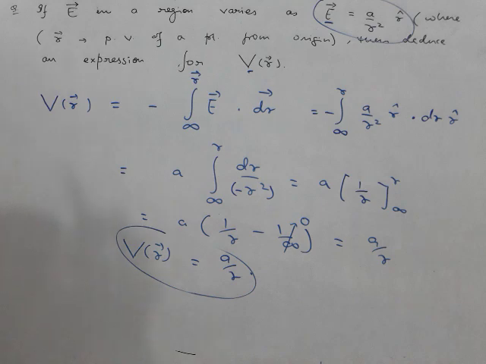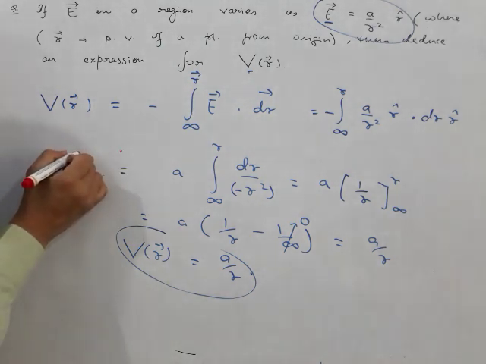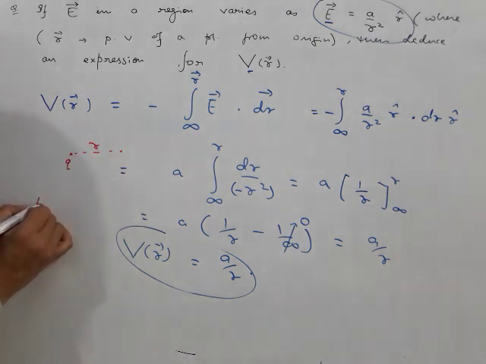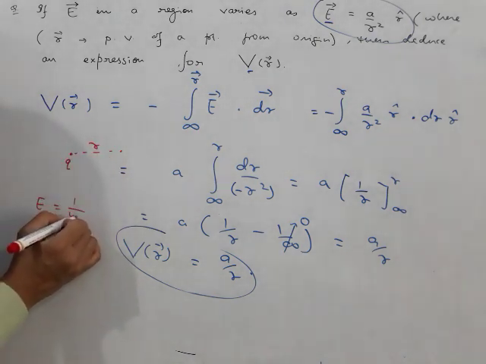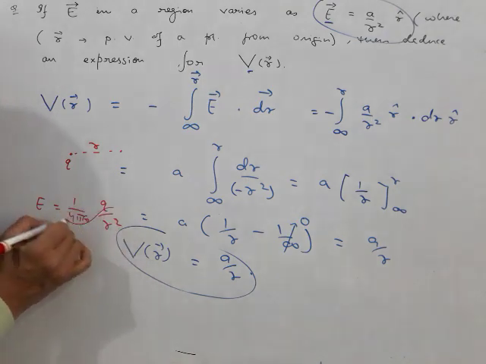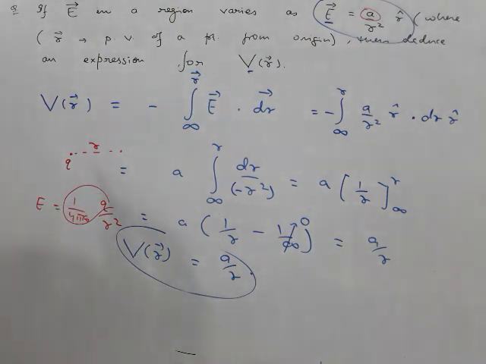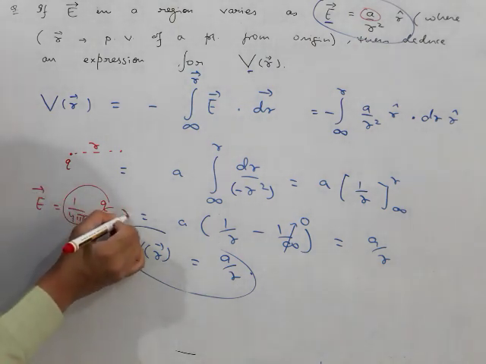Due to a point charge, if you remember, suppose there is a point charge, the value of electric field at some distance r was given by E is equal to 1 by 4 pi epsilon naught times q upon r square. Now this quantity is a constant, that constant has been written as a, so a by r square, and in vector notation it becomes r cap.